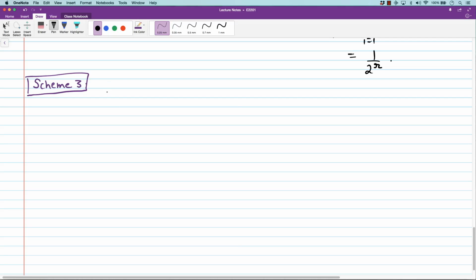It starts with: let F be a universal hash family with range size m. So the output is m.